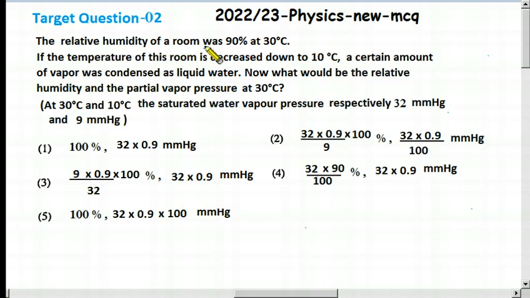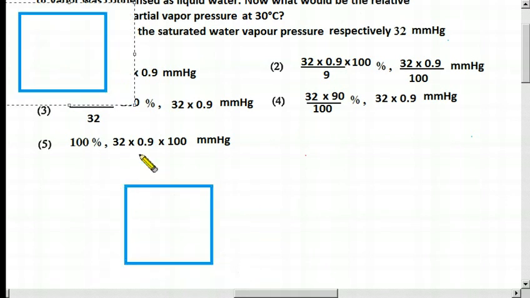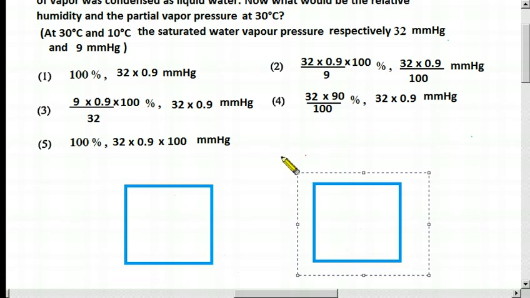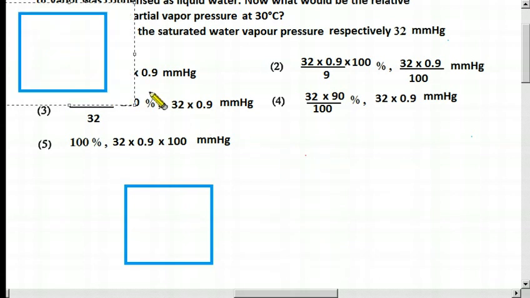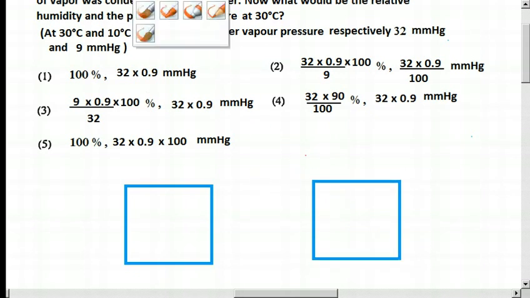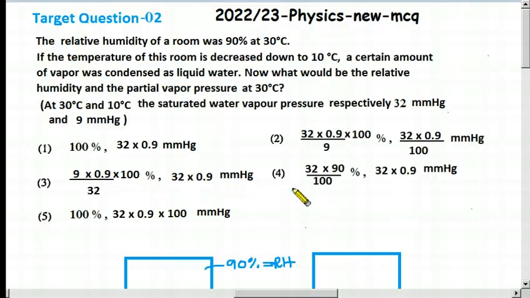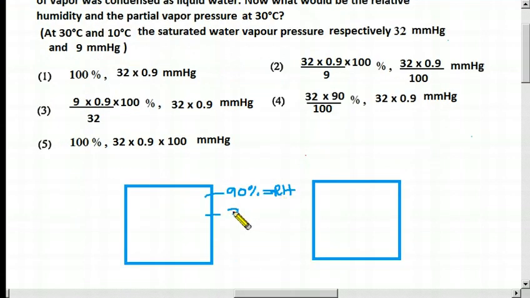The relative humidity of a room was 90% at 30 centigrade. So let us draw the room. Ninety percent relative humidity, 30 centigrade.